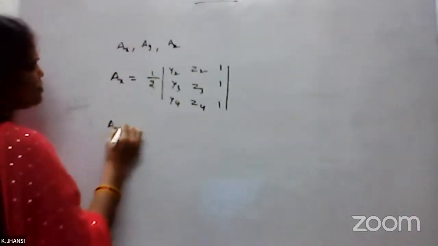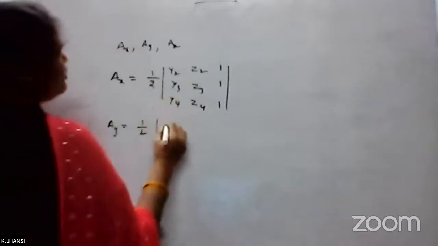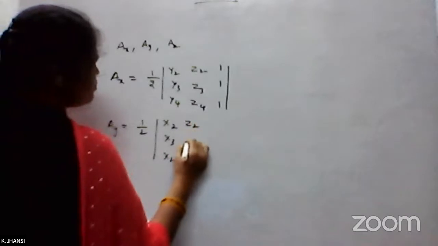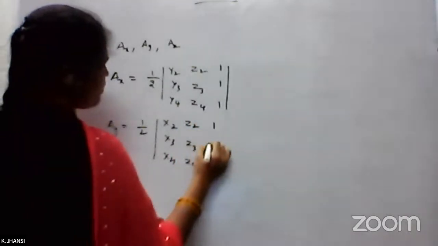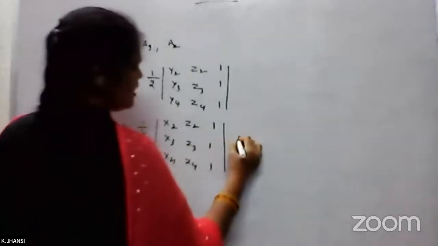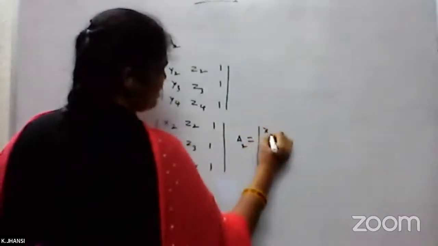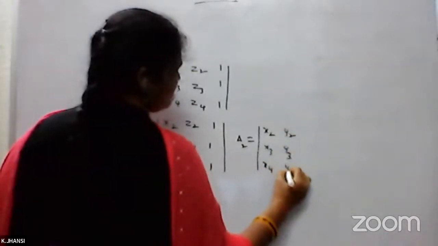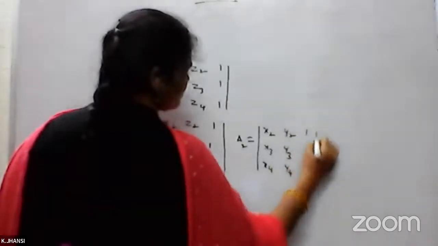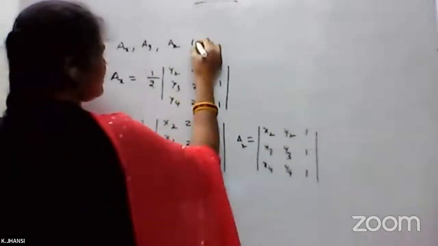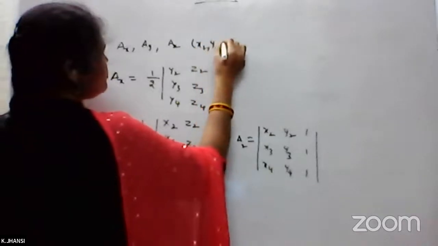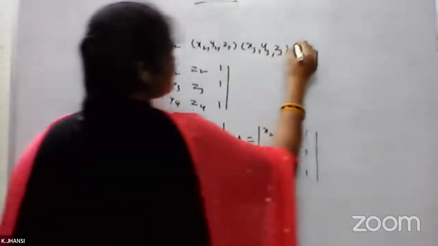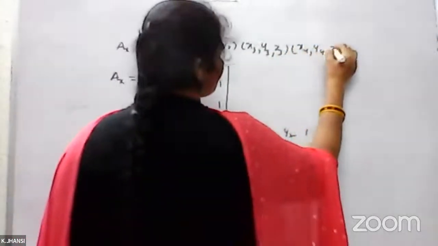Next, AY equals 1 by 2 determinant of X2, X3, X4, Z2, Z3, Z4, 1, 1, 1. Next, AZ equals 1 by 2 determinant of X2, X3, X4, Y2, Y3, Y4, 1, 1, 1. So the vertices are given as X2, Y2, Z2, X3, Y3, Z3, and X4, Y4, Z4.